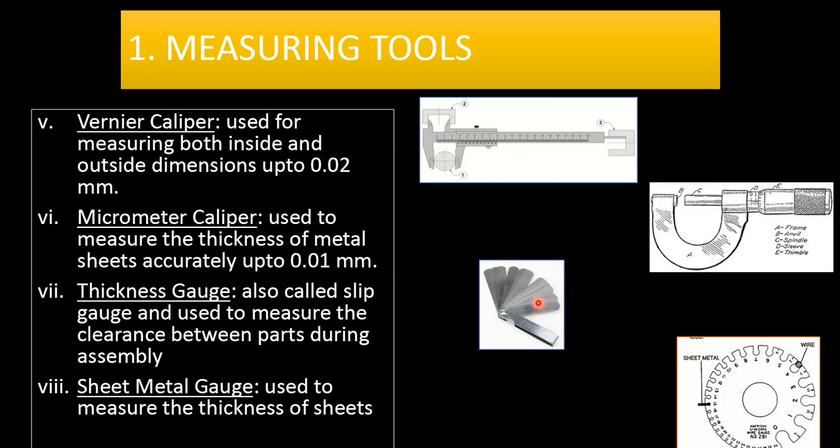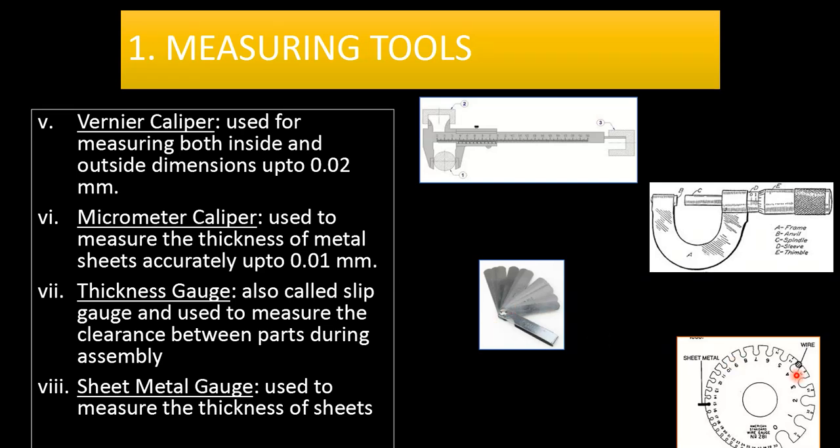Whenever there is assembling, that is, joining of different components together, wherever there is a clearance between different parts, we can insert each blade and see which blade fits tightly or loosely or cannot fit. The blade or gauge which fits exactly without any gap is the clearance gap between the two assembled components.